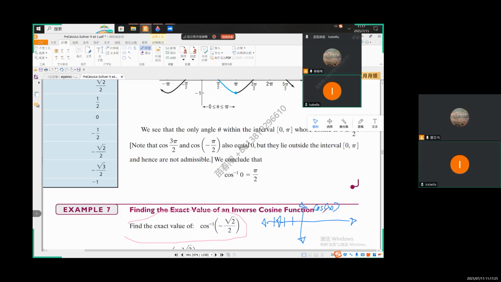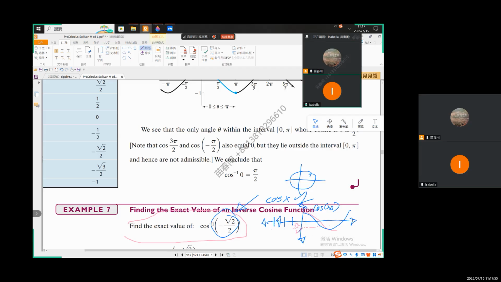Wait, so this value is like the value of y? Sorry, run that by me again. So if you draw it, this is cosine x, right? Yep. And this is when cosine is negative square root 2 over 2.